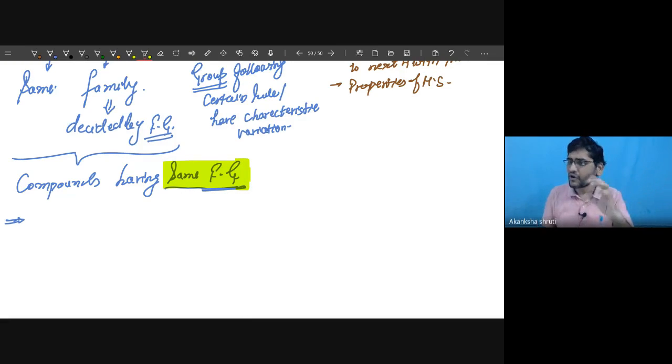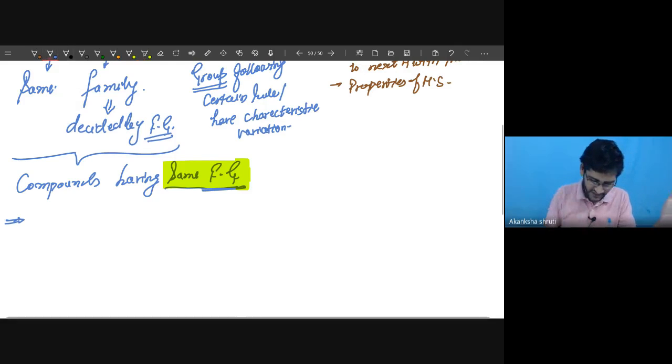So I can have a homologous series for alkane, alkene, alkyne, ketone, alcohol, chloroalkane, carboxylic acid, ether, ester, and so on. So a series of compounds with the same functional group is called a homologous series.